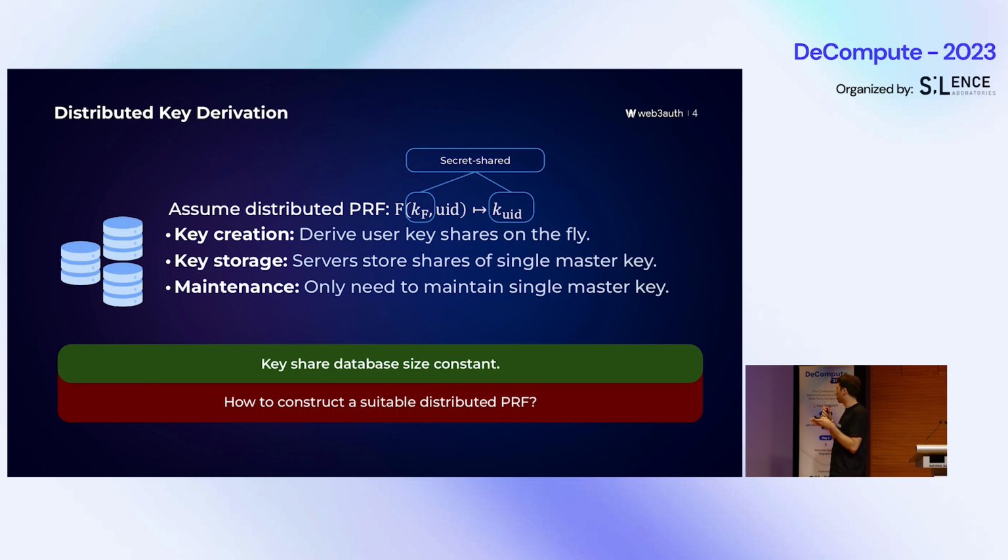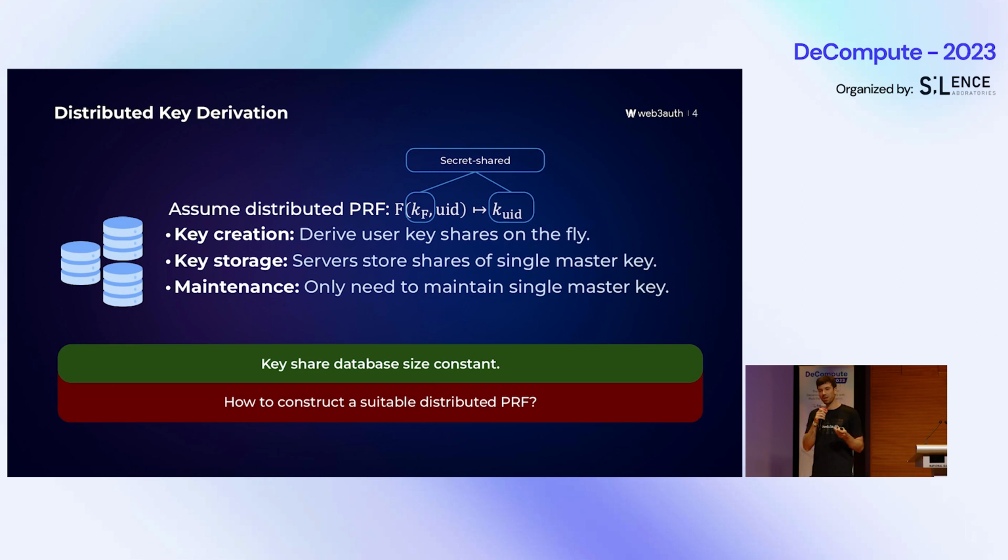Think of it as a PRF function where the input key, the master key, is secret shared. It gets a public user identifier, so the user identifies with the servers, maybe with a Google Auth token or something like that, which is his user ID. This is public information, and then we derive the user key shares from the master key and the public identifier of the users.